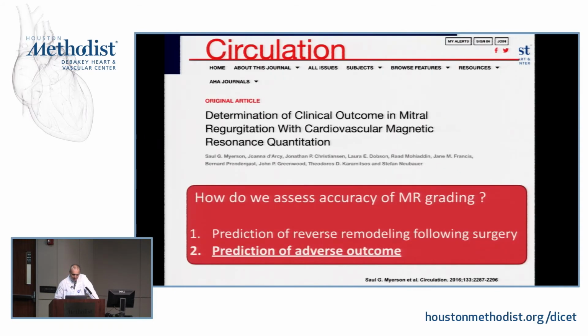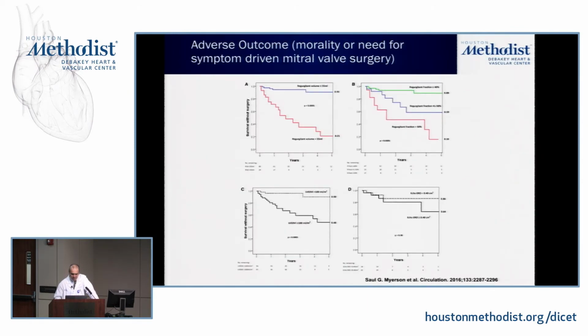Now, let me move on to some prognostic data. And this came out just last year as well. This was from a European group where they looked at a series of patients with mitral regurgitation that were being followed medically and did serial longitudinal CMRs on these patients every year. The objective was really to see whether the CMR findings can help predict adverse outcome, and the adverse outcome here was either mortality or the need for mitral valve surgery.